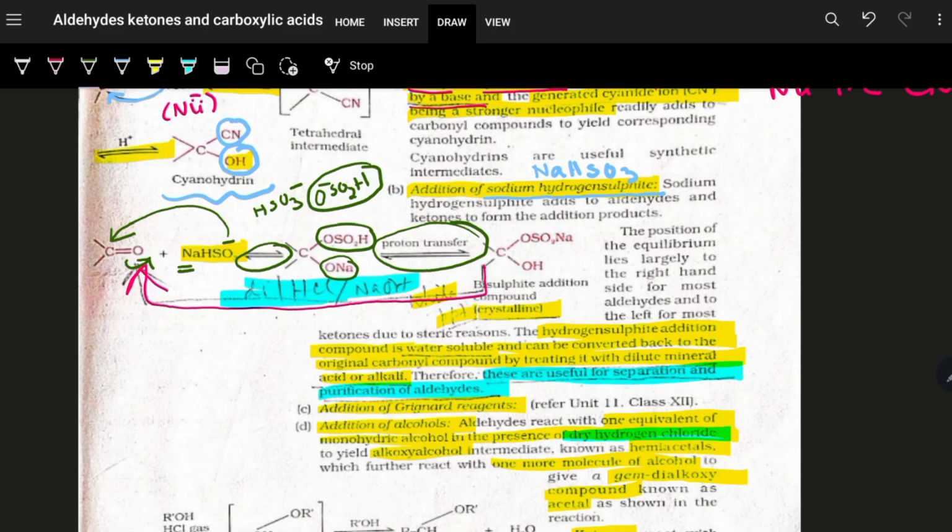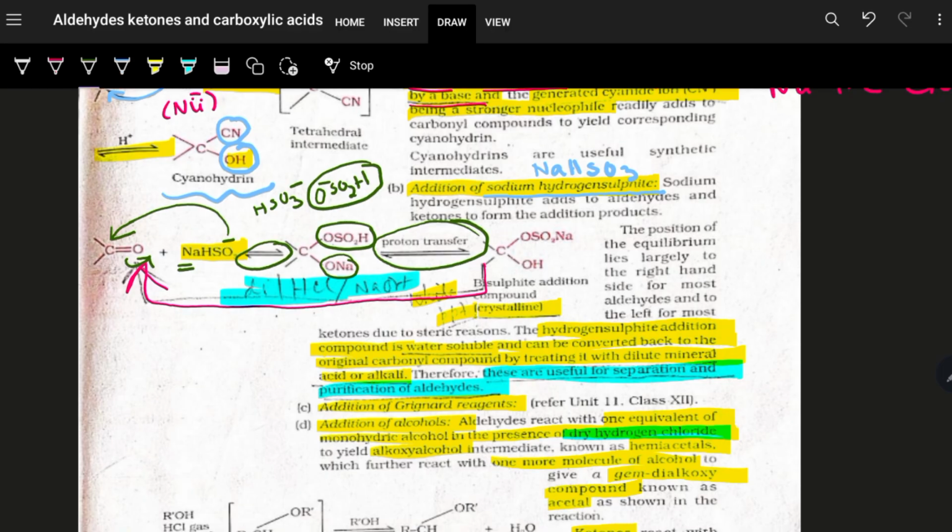Okay, so proton transfer, minus H plus and plus H plus. So what is happening? Sodium and H, they are actually exchanging. So rather than transfer, I will say it is exchange of H plus taking place with Na plus. Okay, so then in place of Na plus, H is coming and you are getting OH.